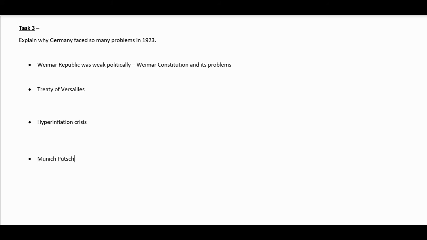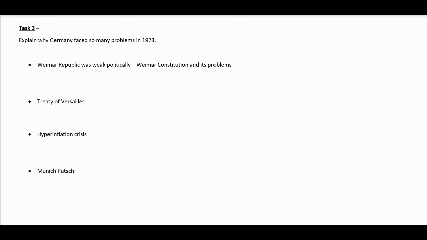So we've got 4 key things to build our answer around. Now, what we need to do is try and consider which of these things were more important, or rather which of these things are going to drive our answer.